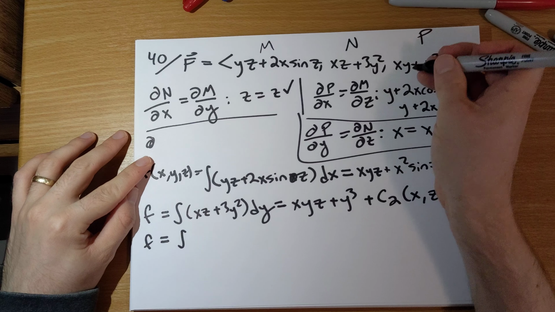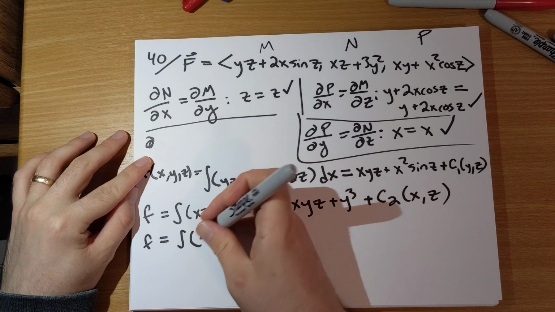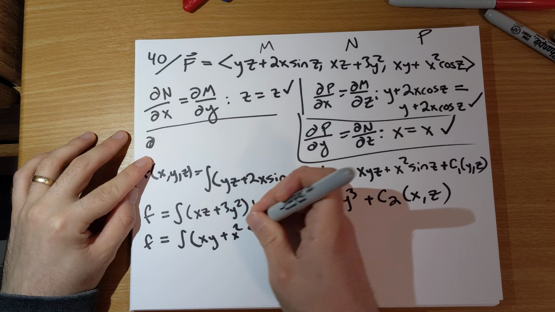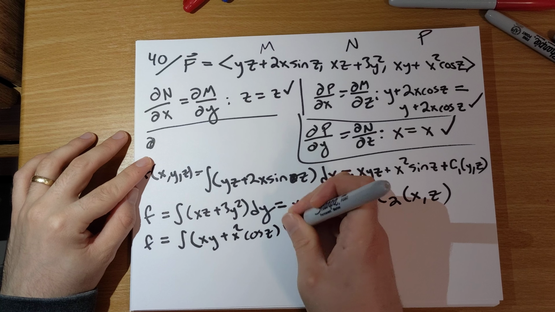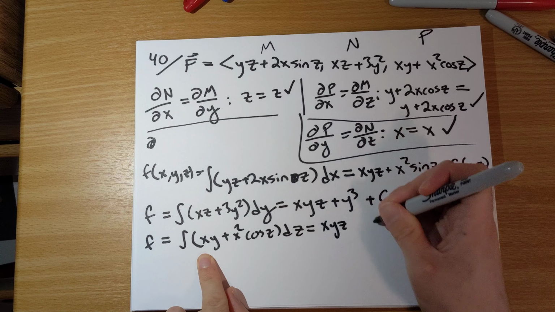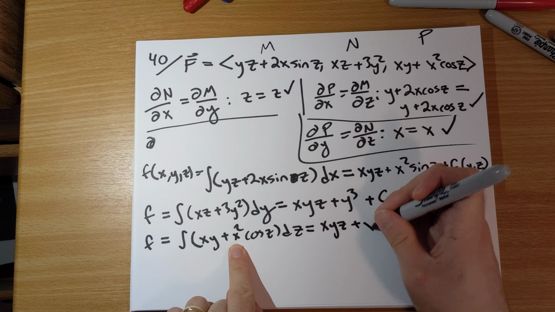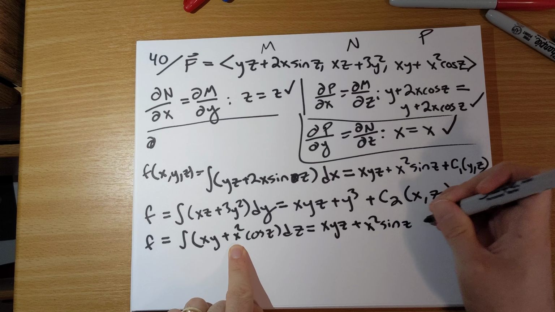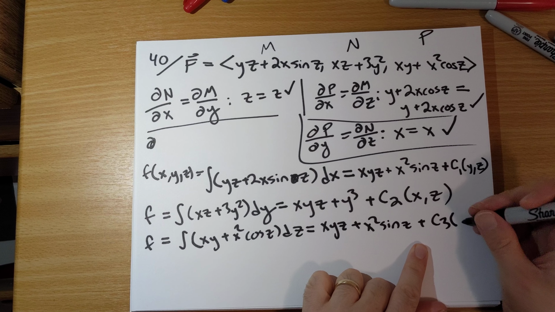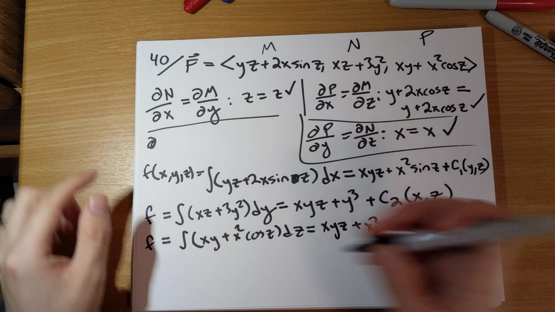Okay, finally, we integrate this last slot, P, xy plus x squared cosine z, with respect to z. We end up with xyz plus x squared sine z plus some function that potentially depends on x and y.